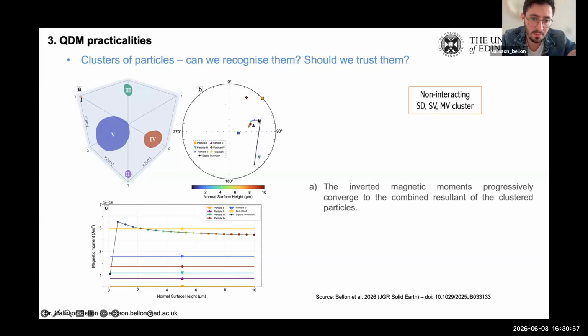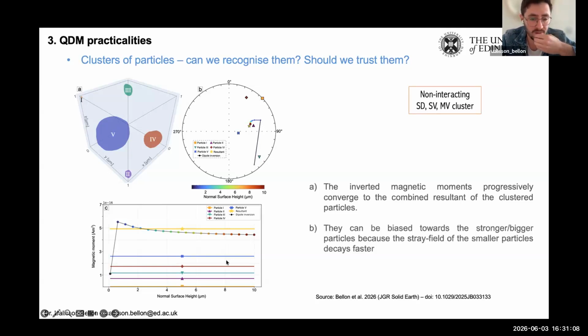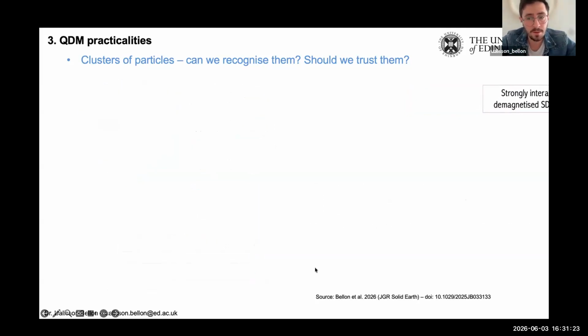So it starts to become more and more dipolar, and the inversion basically walks towards the resultant direction of this voxel. But in terms of the intensity, we see that we might not actually be that close. We are close, but might not be exactly the resultant moment of that voxel, because you can get biased towards the big particles.